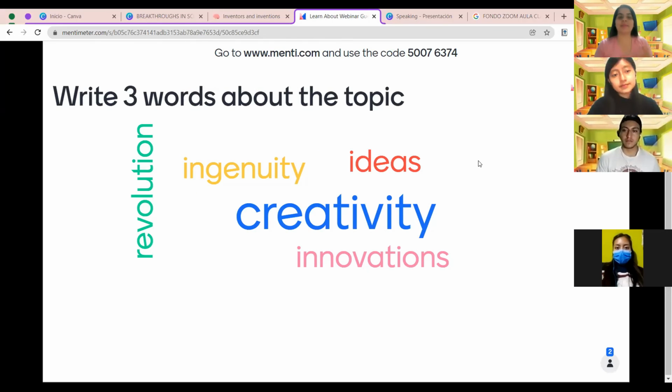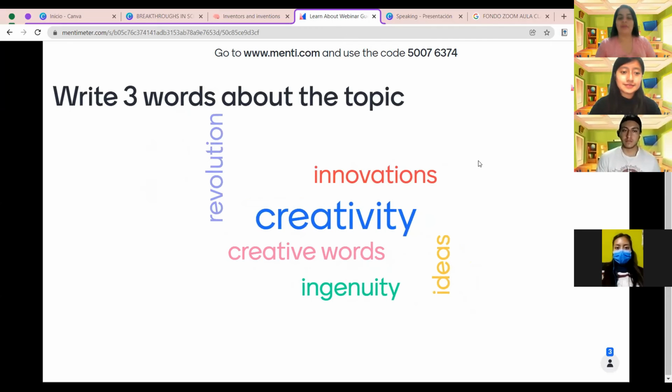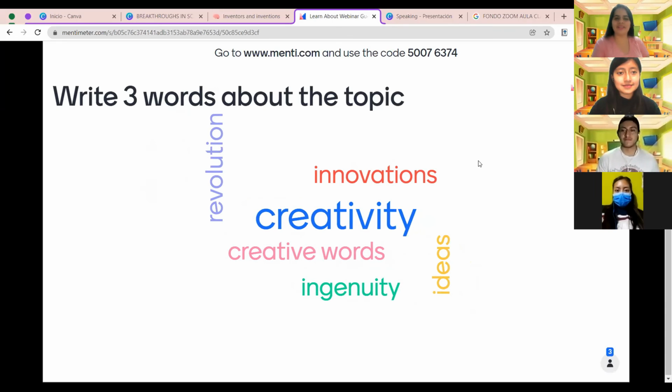For this activity in Menti.com, we have to write 3 words about the topic that we have learned today. I can see some of you are already doing the activity. You have a lot of words like innovation, revolution, integrity, wow, ideas. With all this work, we are going to create a bigger picture of all we have learned.